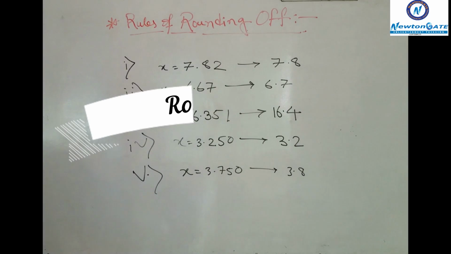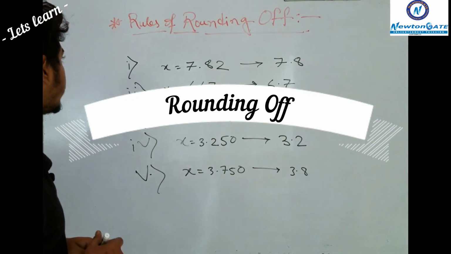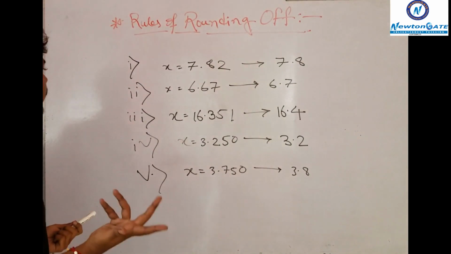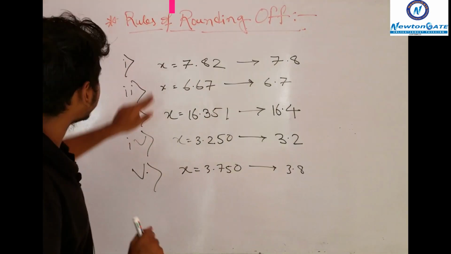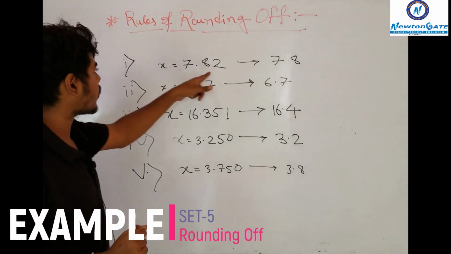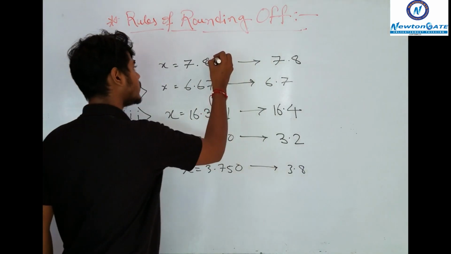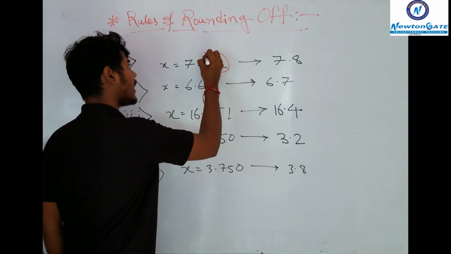Okay. So here are the rules of rounding off. I have not wasted much time in writing the rules. You can find the statements of all the rules in the book or anywhere, so I have tried to give some examples. The first example is x equals 7.82. If the digit to be dropped is less than 5, then the preceding digit remains unchanged.